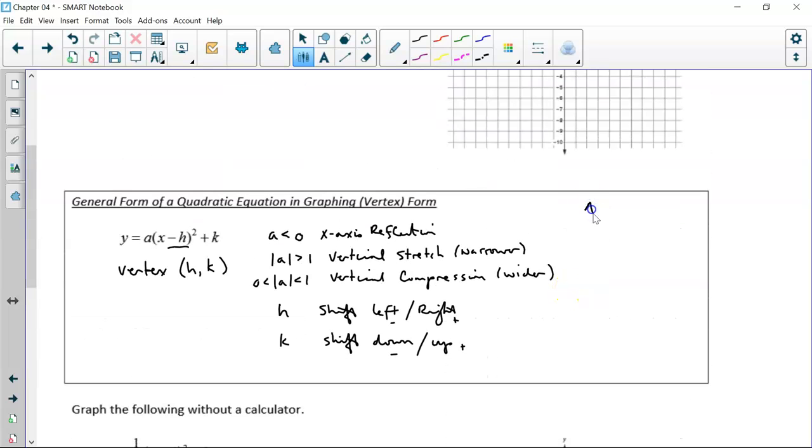Now, our anchor points, these are the basic points we use for every quadratic. -3, -2, -1, 0, 1, 2, 3. So all you're doing is you're squaring it. So it's 9, 4, 1, 0, 1, 4, 9.